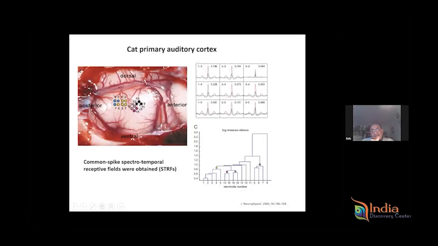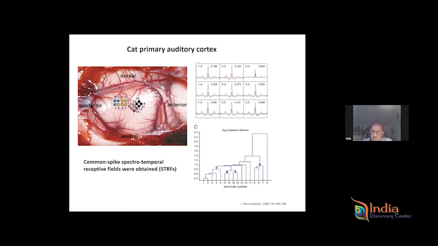In this case, not only just on the surface, but the electrode was deeply pushed inside the cortex, and they constructed these electrical grids.